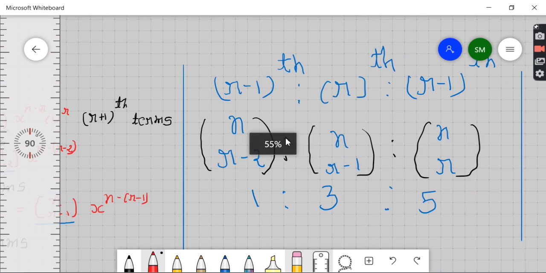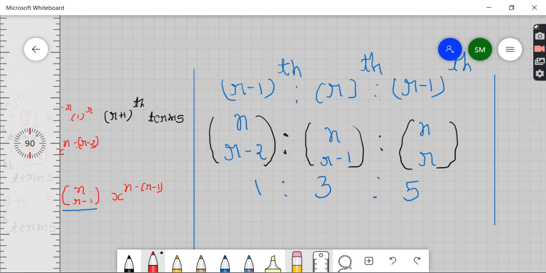So if you notice, the coefficient of the (r-1)th term is nC(r-2), the coefficient of the rth term is nC(r-1), and the coefficient of the (r+1)th term is nCr only. These are the coefficients of the respective terms, and they are in the ratio 1 : 3 : 5. This you have to remember.